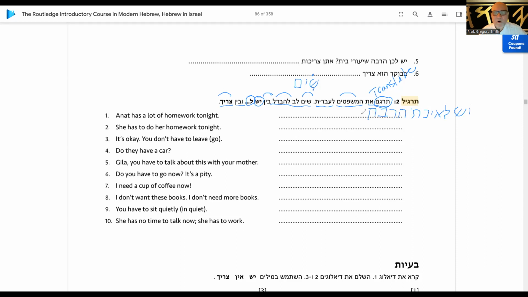And then the word for homework is shiurei bait. And this is a shuruk here. This is probably a tsere under there to get that shiurei. And then bait. So it's like homework. And then we're going to say halayla for tonight.